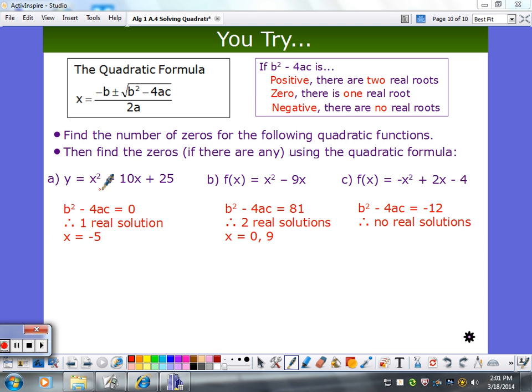I figured out b squared minus 4ac. This symbol here is shorthand for the word therefore. I'm drawing a conclusion. Because b squared minus 4ac is 0, therefore I can conclude there is one real solution to this equation. The equation being x squared plus 10x plus 25 equals 0.